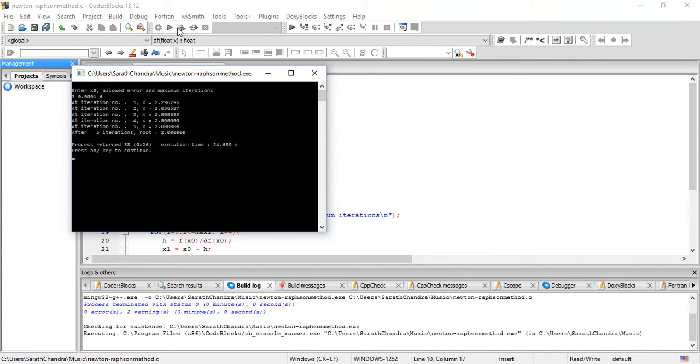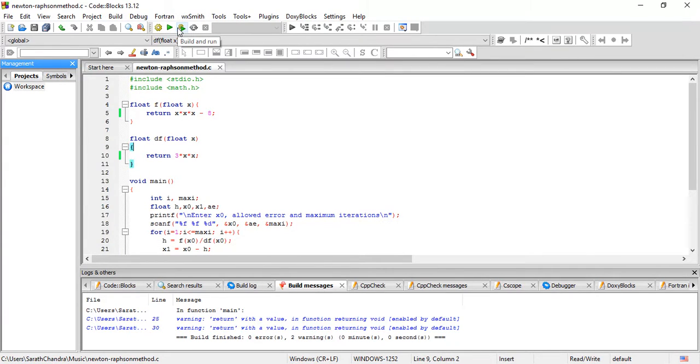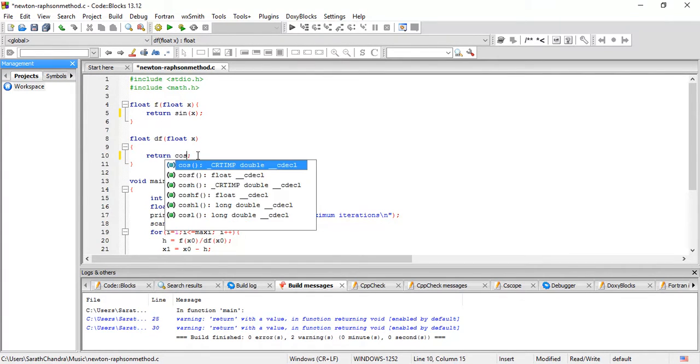Let us take another example. Let us take a more complicated function. How about a sinusoidal function? Taking the differentiation of the sine function, this cos function.